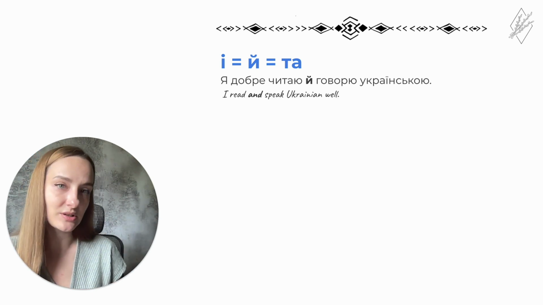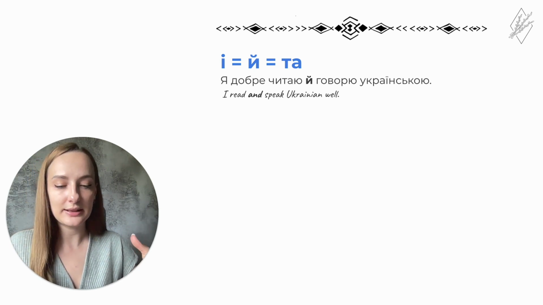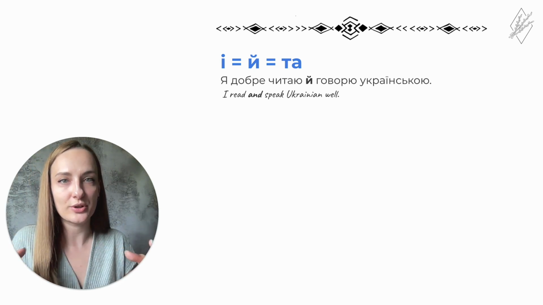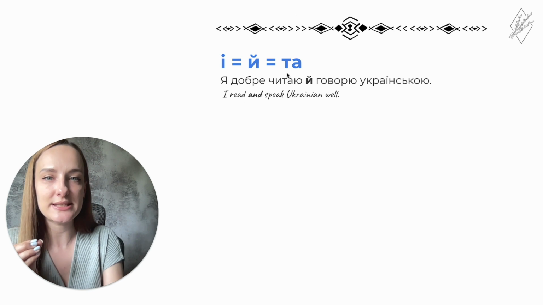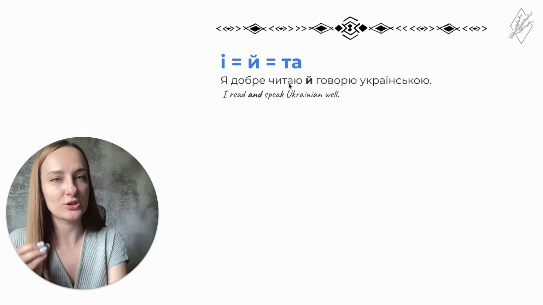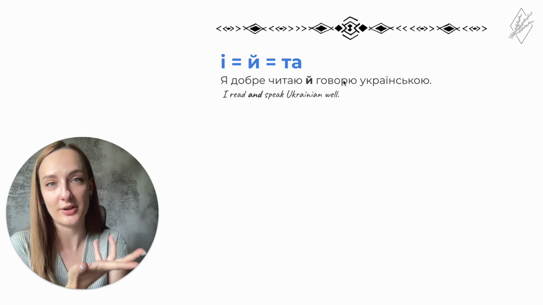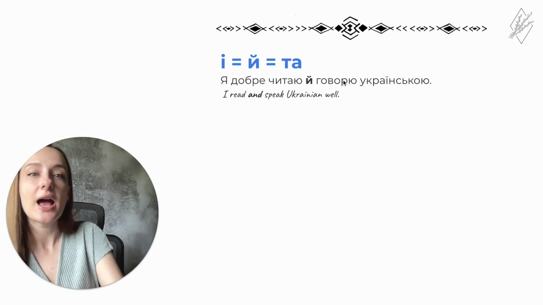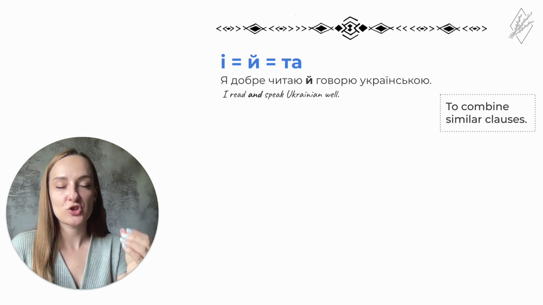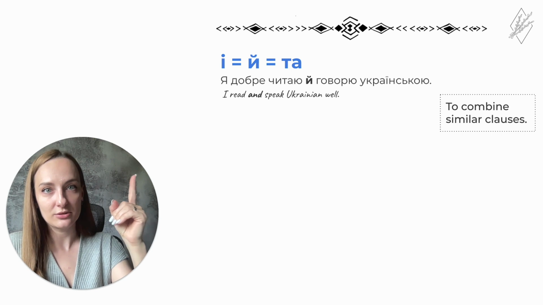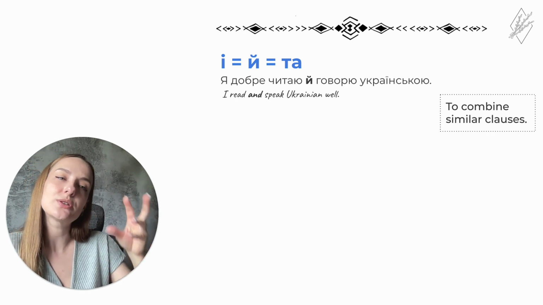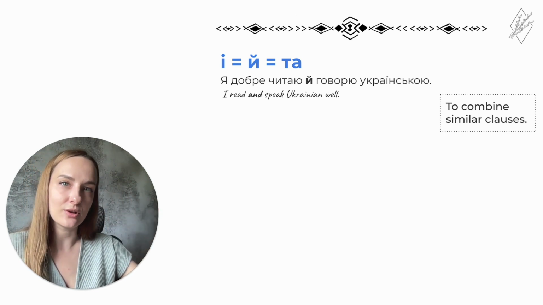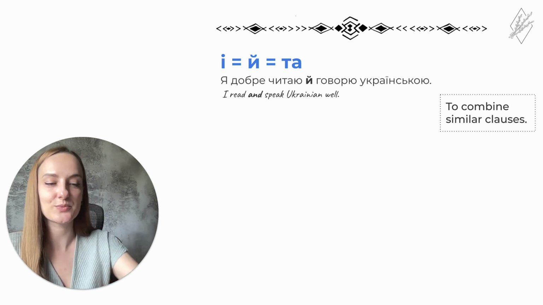And basically we understand here conjunction й like combines or connects two similar by meaning words. Читаю й говорю. Here there are two verbs. So basically conjunctions і or й or та will be used to combine some similar clauses of the sentence.